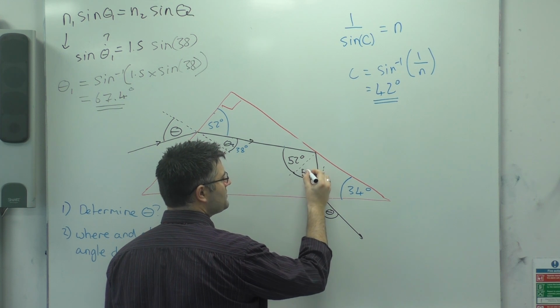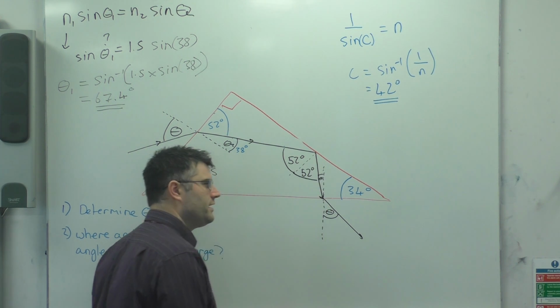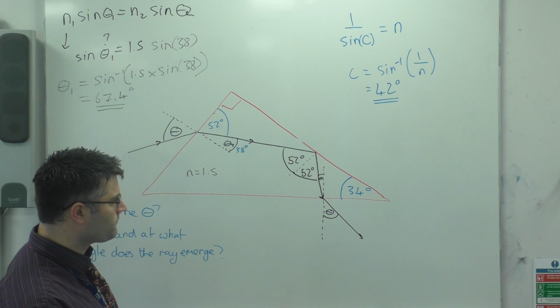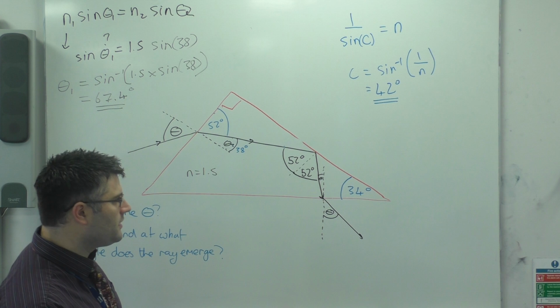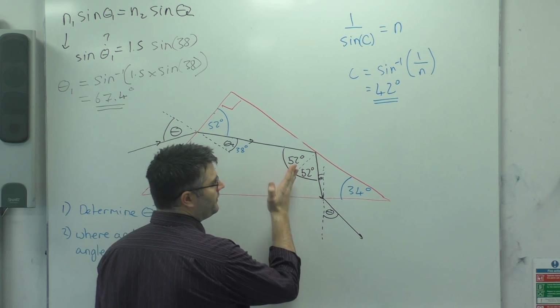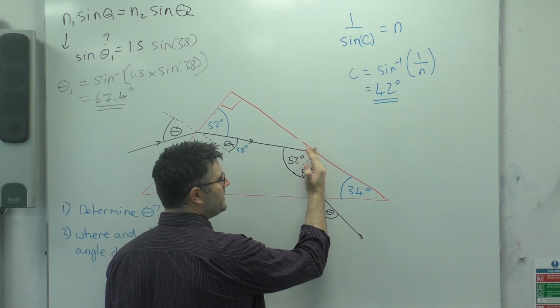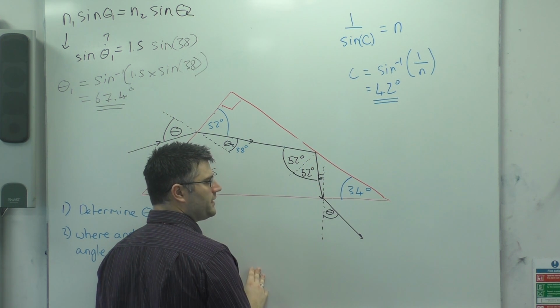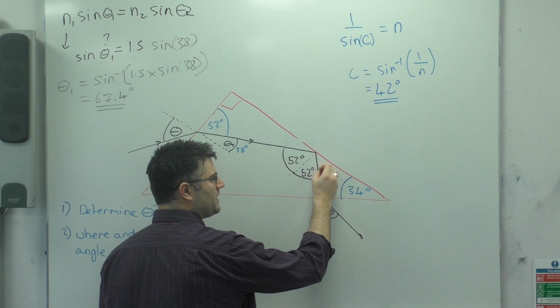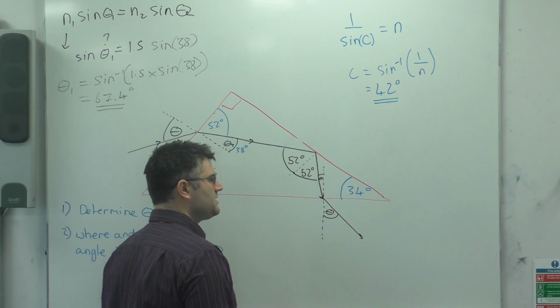So that angle is also going to be 52 degrees. If that angle is 52 degrees, look very carefully, and remember the normal line to the surface of the boundary is at 90 degrees. So the angle in here is 38.